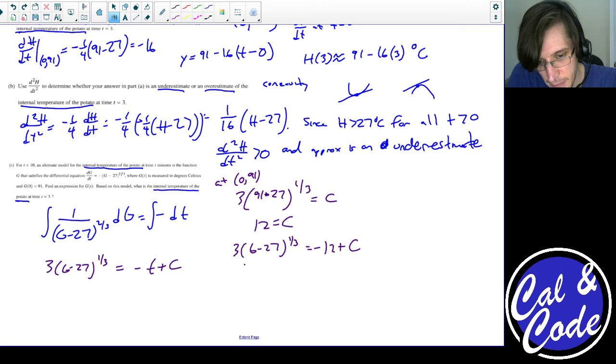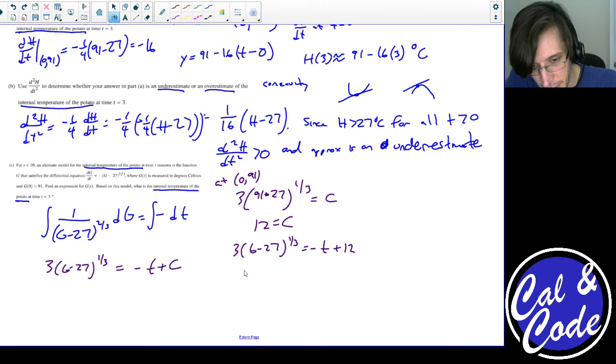I'll divide both sides by 3, get g minus 27 to the 1/3 power is equal to negative 4 plus, oh wait, I messed something up. Not negative 12 plus c, excuse me, negative t plus 12.